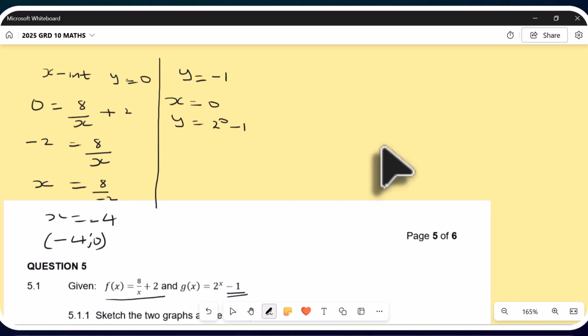I know you know, just that you don't know how to say it. The moment we talk about the word domain, we mean the x values for which the function is defined. I repeat, X values for which the function is defined. Can you say it again, please? Domain means what?